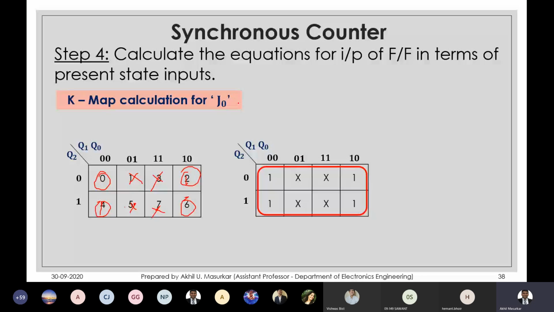So when J0 is not dependent on any of the variables, this represents just 1. So J0 is 1. So Suman, you are right. K0 is also 1. But just see the positions of those ones and don't cares. Yes, correct.